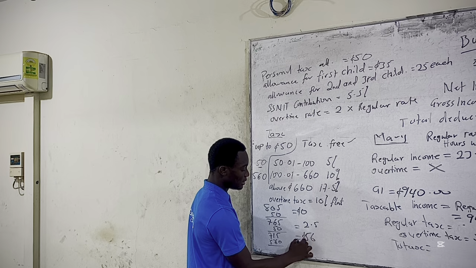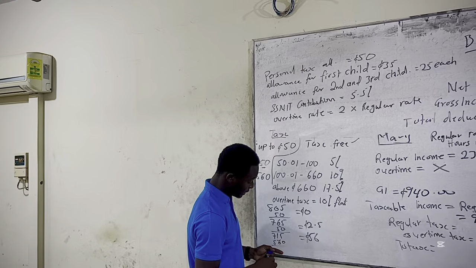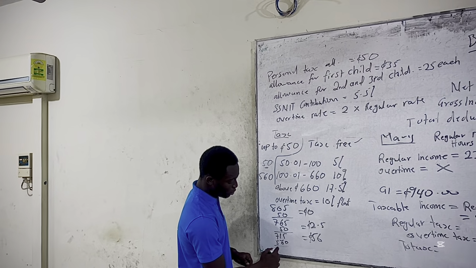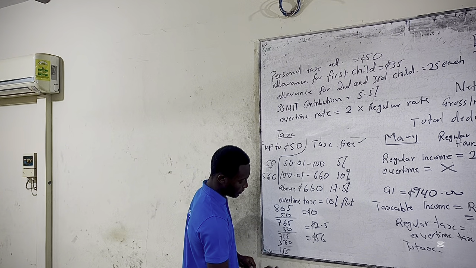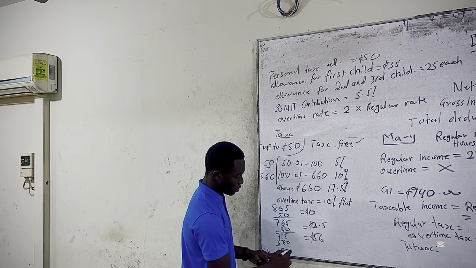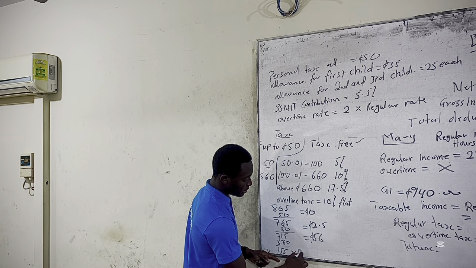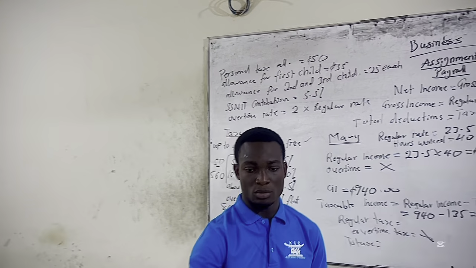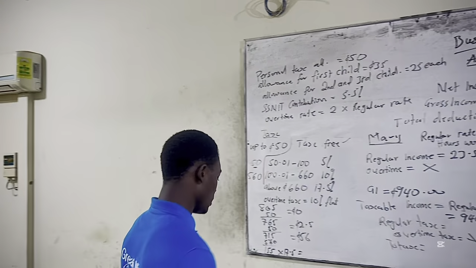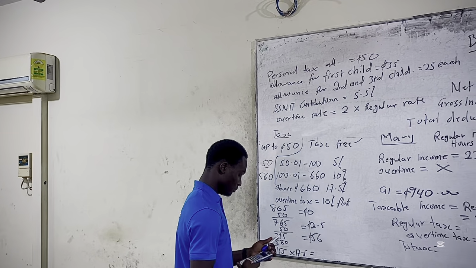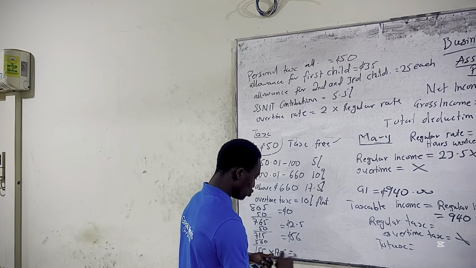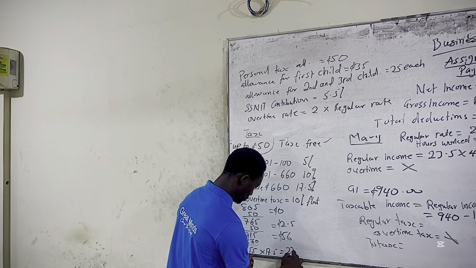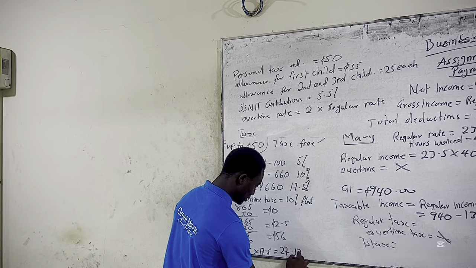56 cedis. And then the remaining is going to be what? 155. Do you get it? So times 17.5, and this is going to give you what? 27.13.